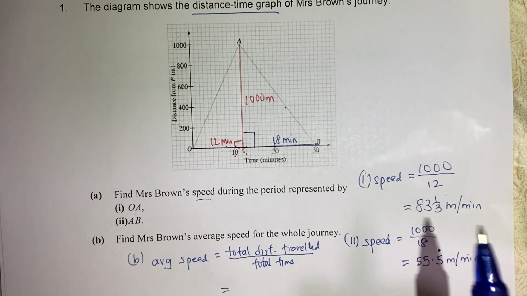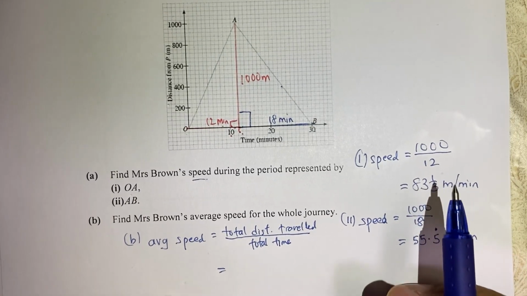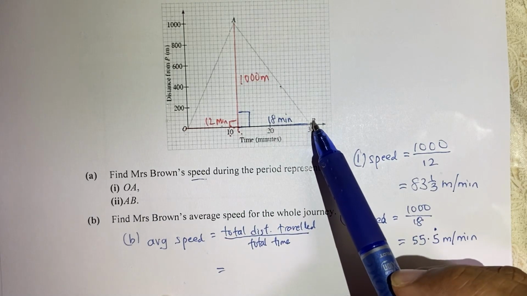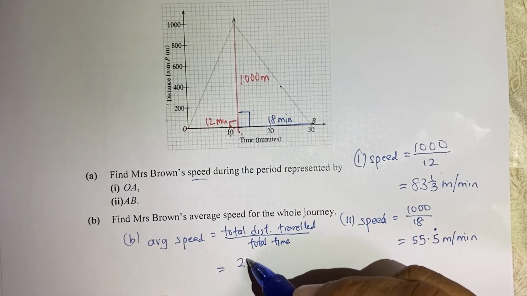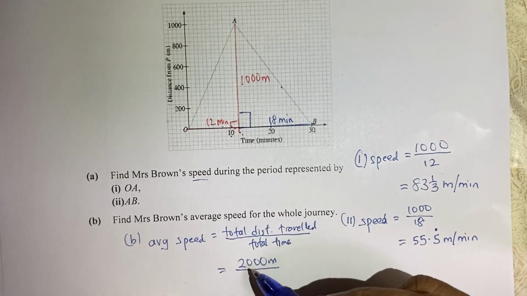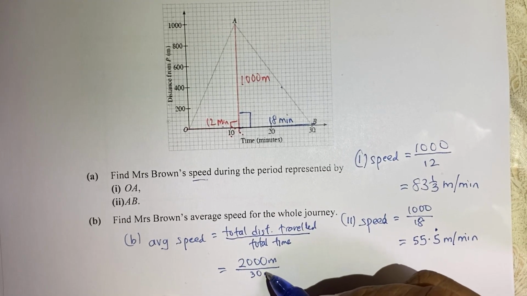What's the total distance traveled? Total distance traveled will be 1,000 meters plus 1,000 meters. So this is 2,000 meters. Total time will be 30 minutes.